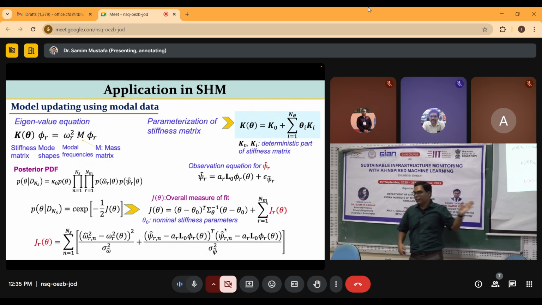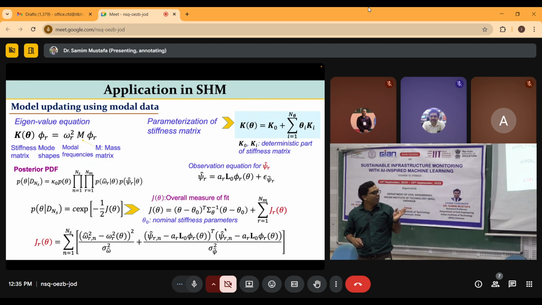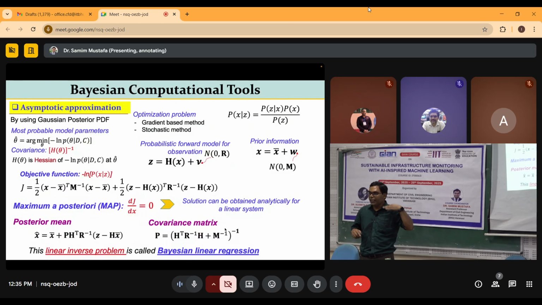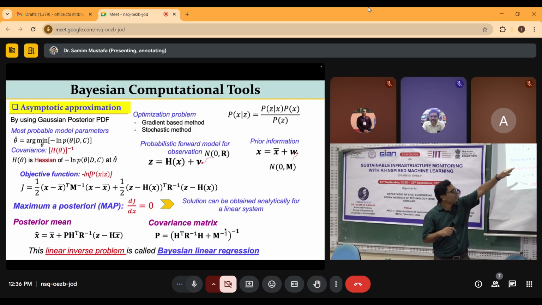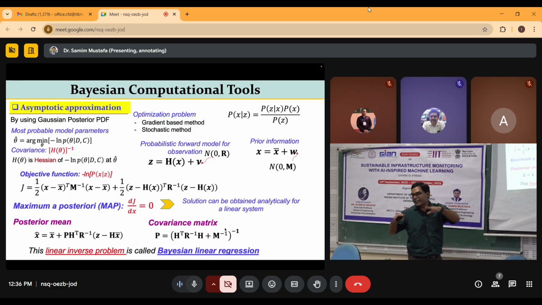Okay, get the theta. This can be very tricky for a non-linear problem, but for a linear problem you can have a closed form solution, because in a linear problem you can represent the observed response, suppose it is Z, as H multiplied by x. x is here the uncertain parameter.